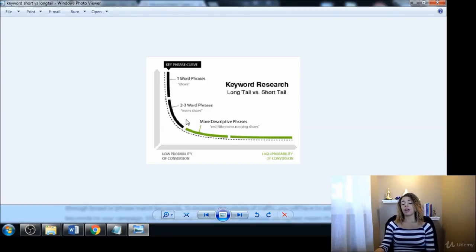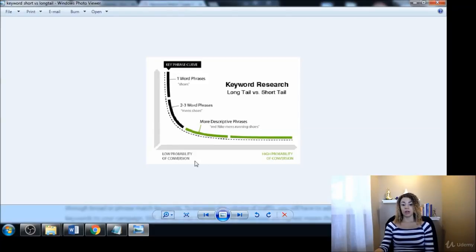You can still have enormously high competition. So maybe something like social media management for small business would be a long tail keyword phrase that might be a better thing to go after. So that is the difference between short tail and long tail keyword phrases, and that puts in perspective what we're going to be covering over this entire course.